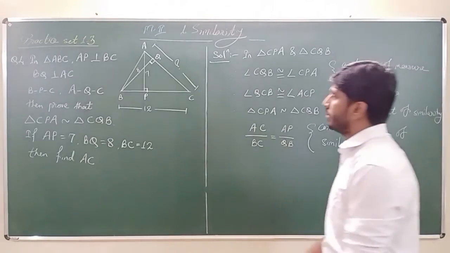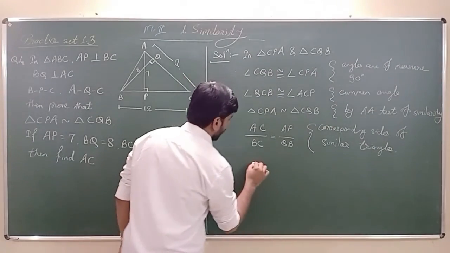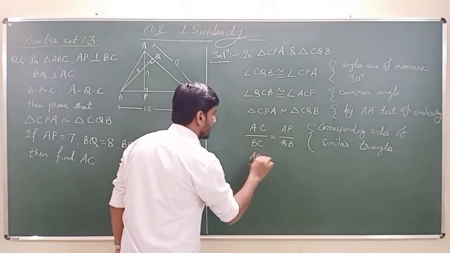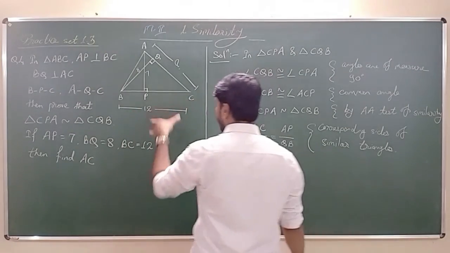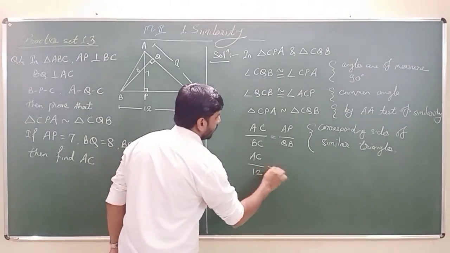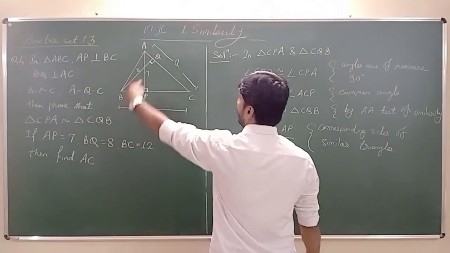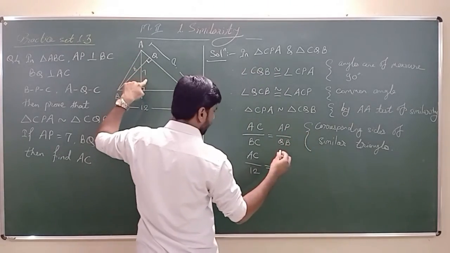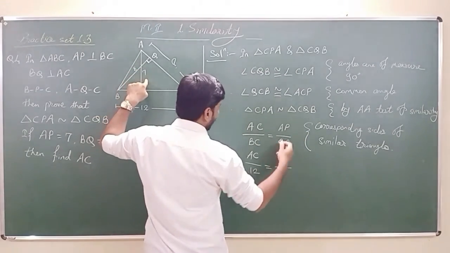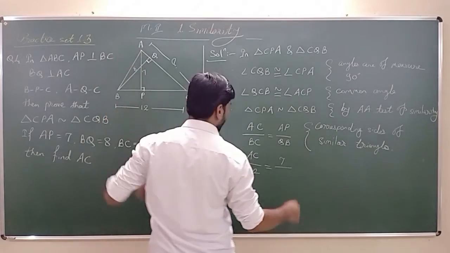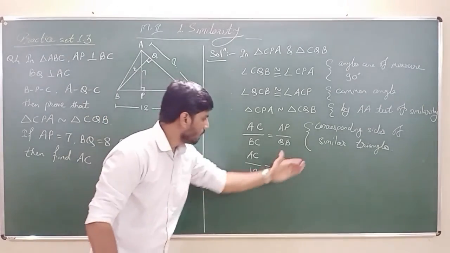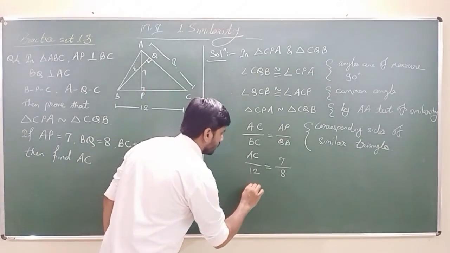So we'll simply substitute the values. Since we have to find the length of AC, we'll keep AC as it is. The length of BC is 12, which is equal to the length of AP, which is 7, upon the length of QB, which is 8. Now this 12 will multiply on the other side.